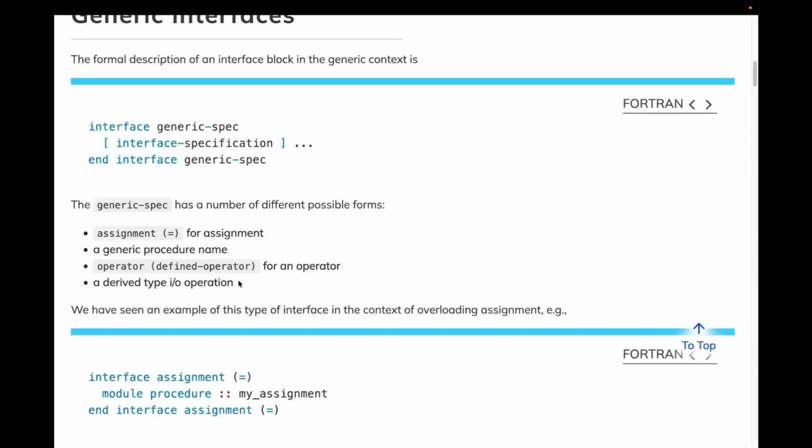Or it can be a derived type IO operation. We'll see a little bit more about that. Maybe we'll have a think about this later on. But this is how we overload operations in Fortran and say there are multiple ways to do this piece of work.